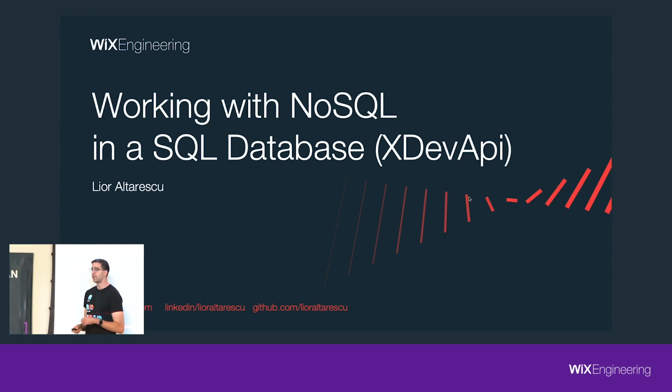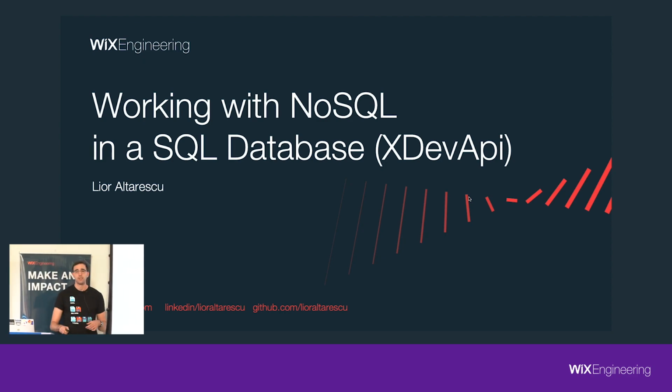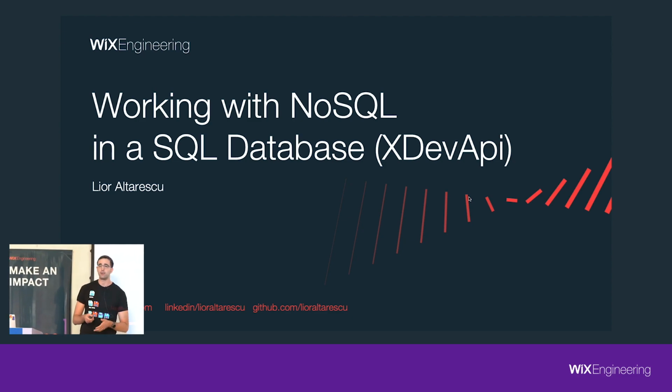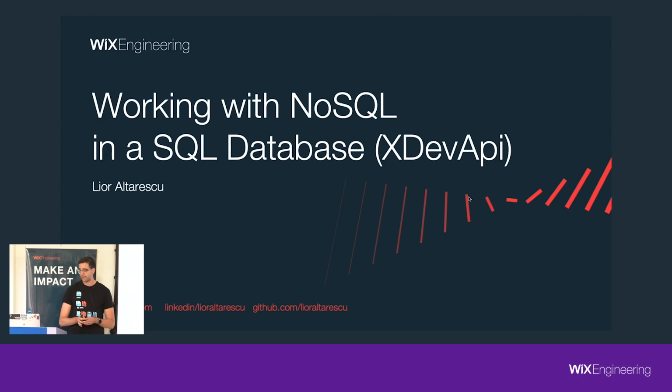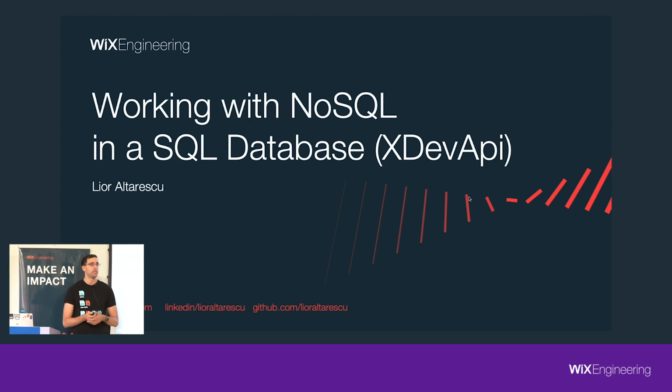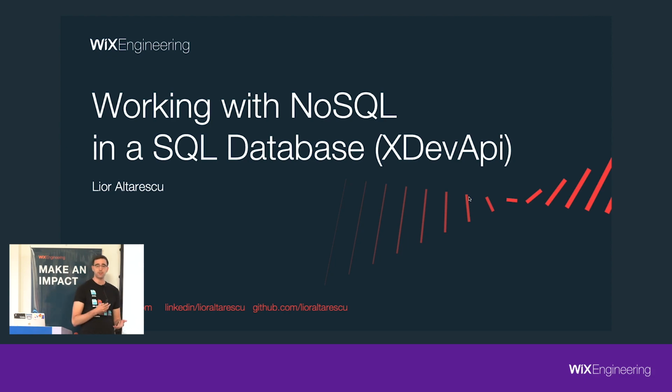Now, when thinking about what to talk about in this meetup, me and my teammates were thinking about how we work with developers. Here in Wix, there are over 1,500 developers and only 40 DBAs, so the ratio is not really in our favor. So we were thinking how we can help them develop a bit faster, let them be a bit more independent from having to talk to us all the time, having to discuss with us different architectures and different objects they want to create.